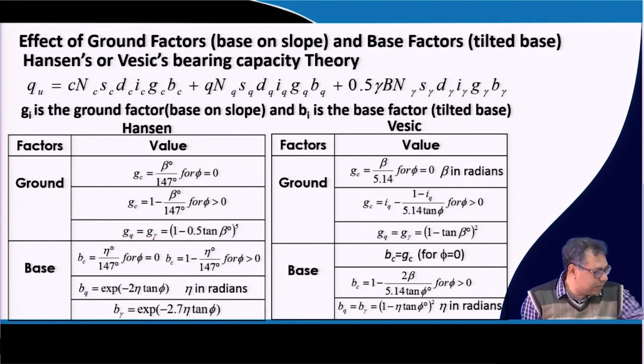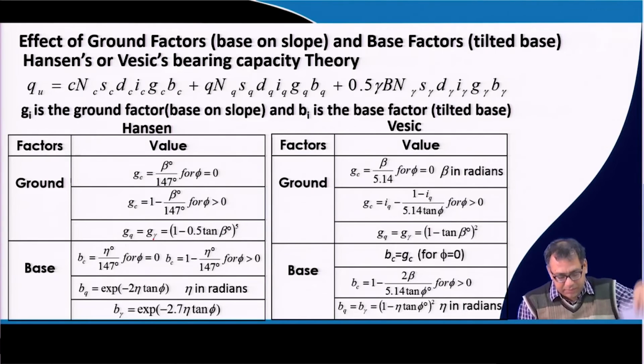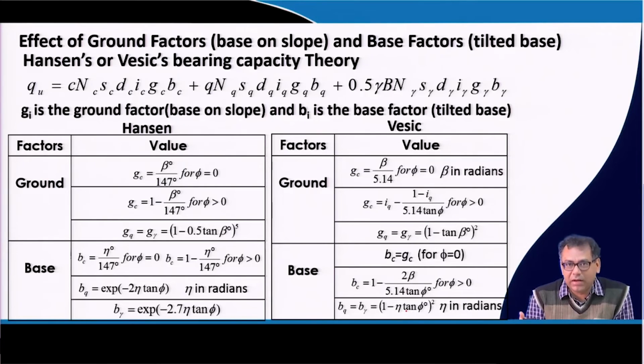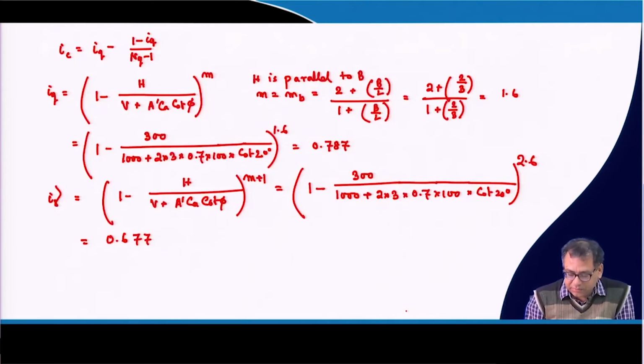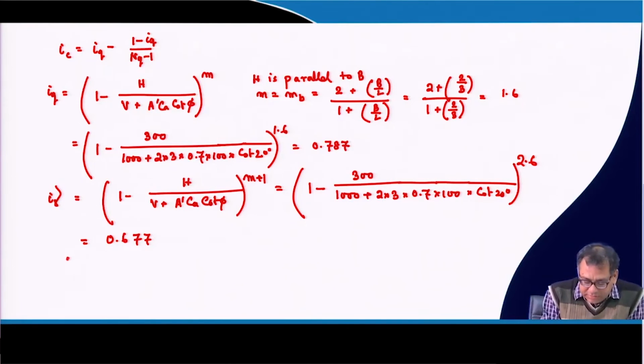Okay. So now, I will use these ground factors, which are all 1 again, but the base factor I have to use by using these tables or these expressions. So now the base factor which is given: my GC, GQ and G gamma are all 1.